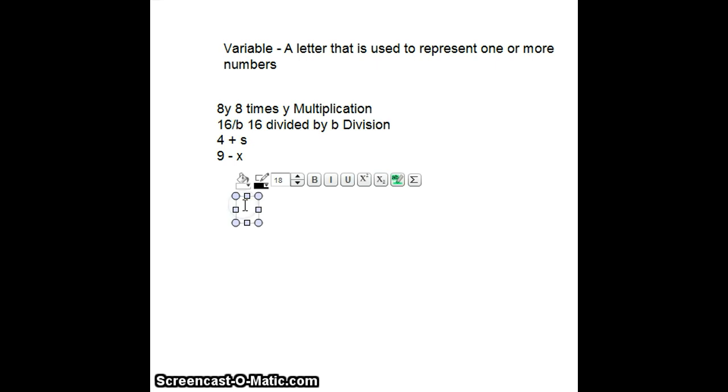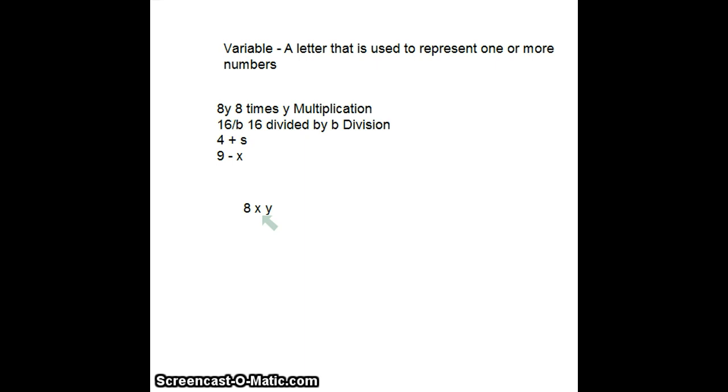A lot of students, especially before Algebra 1, were writing their multiplication signs like this, with an x being used as a multiplication sign. This is something that you really must stop doing, because for one, the expression 8y is usually not written as this.